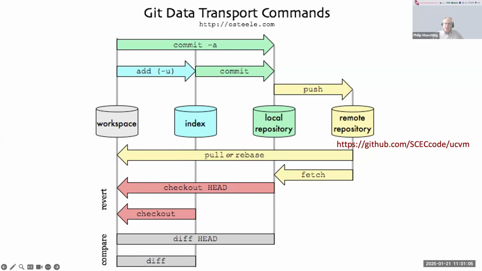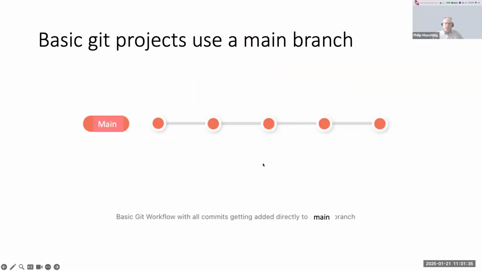If you want to work with that code and modify it, you make a copy onto your local computer, so you've got a version of the code in the green box, labeled local repository. Then when you're making edits to the local, you move it into your workspace. Git has commands for moving files between these different locations, and figuring out what those commands do is an important part of working with Git.